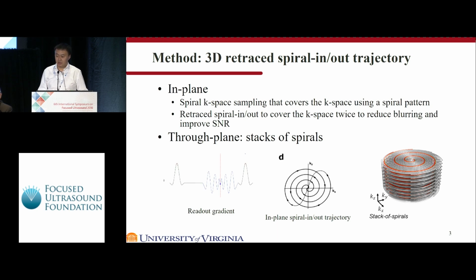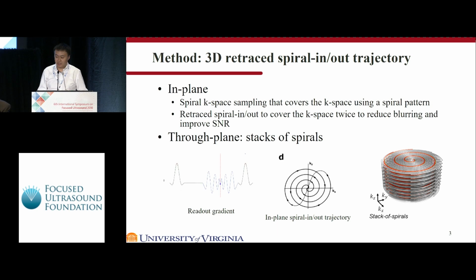For in-plane, we are using the spiral k-space sampling pattern, which is an efficient and motion-insensitive trajectory that covers k-space using a spiral pattern. Here we revise the traditional spiral-out pattern with a retraced spiral in-out to cover k-space twice to reduce blurring and improve SNR. And on through-plane, we use a stack of spirals along the kz direction.